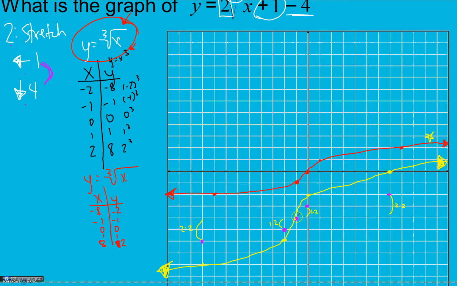So keep in mind, instead of moving each point like that, we can go from our vertex-type point here in the middle, over 1, up A, over 8, up 2 times A, back 1, down A, back 8, down 2 times our A value.